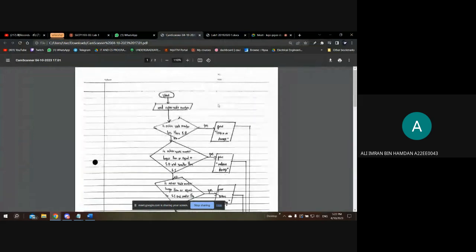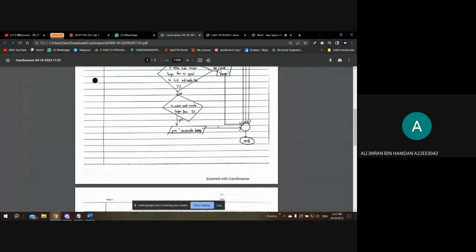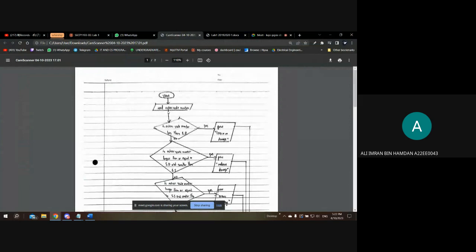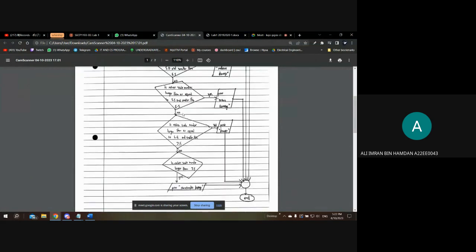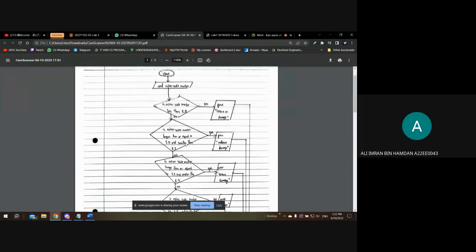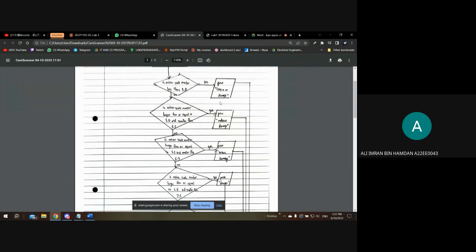Sorry for the terrible handwriting, but I think you can guess what it's about. Again, it's literally the same thing as the table. It checks the value, if it's less, then yes, it prints.